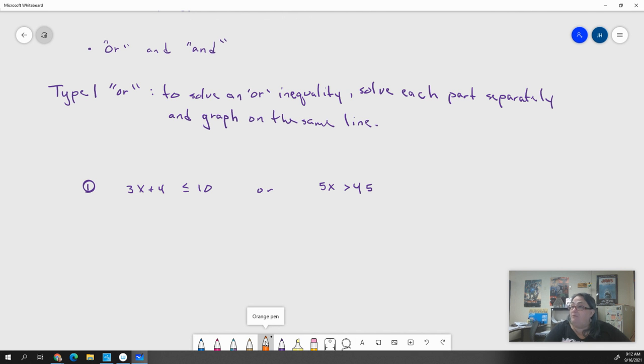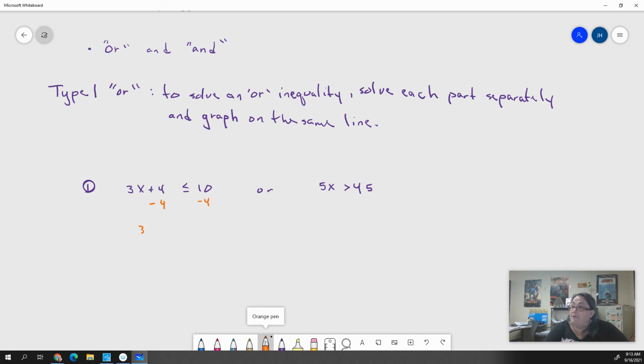So I'm going to look at what's going on this side of the inequality, because that's where my x is. That's where my variable is. So I have 3 being multiplied to x. I have 4 being added to x. So I'm going to get rid of those things. I'm going to start by subtracting 4 from both sides.